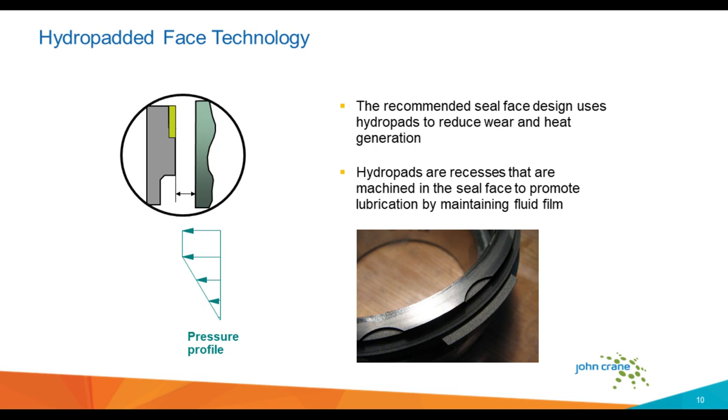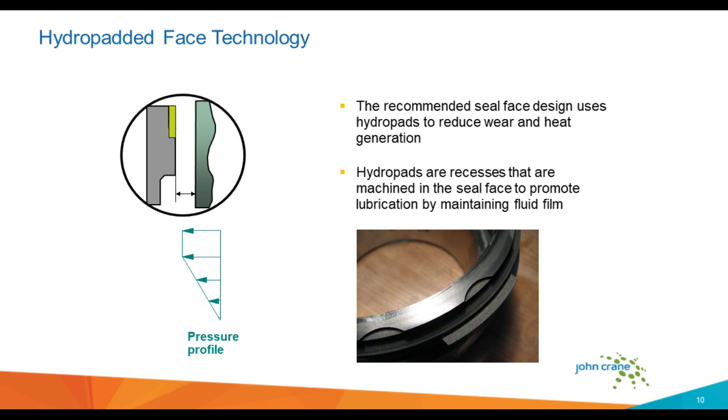How do we overcome that? Normally, what we recommend is a Hydropad seal design, and this technology has been around a long time. Hydropads are actually recesses that are machined into the seal face, similar to a half moon shape. They promote lubrication by maintaining fluid film.